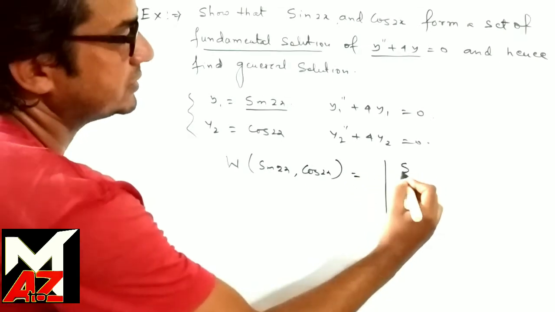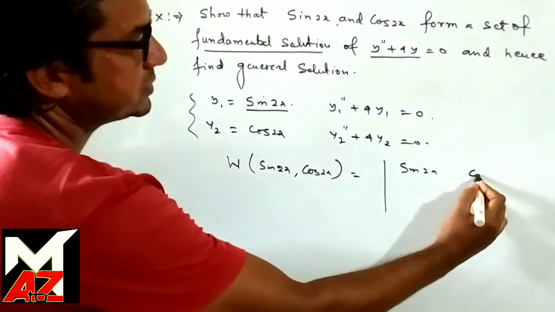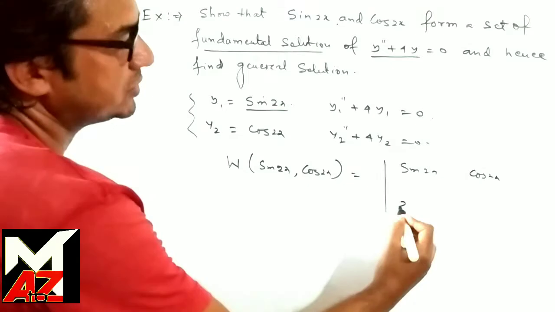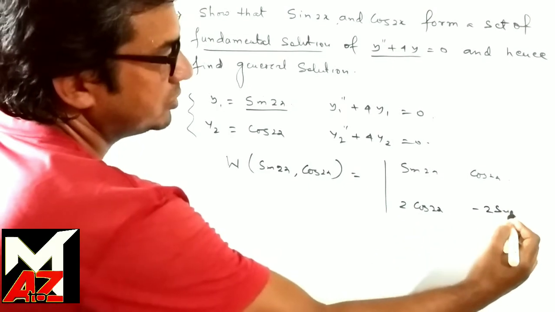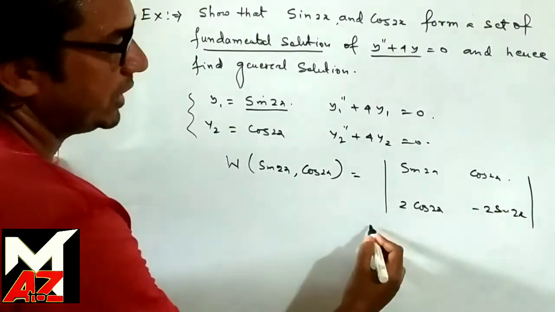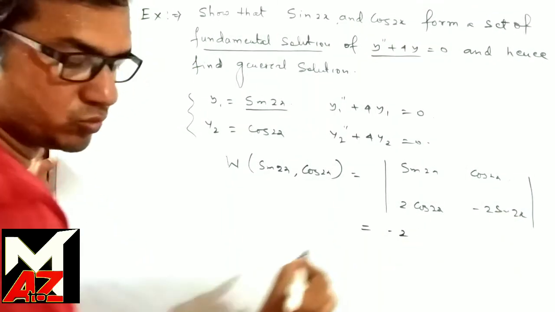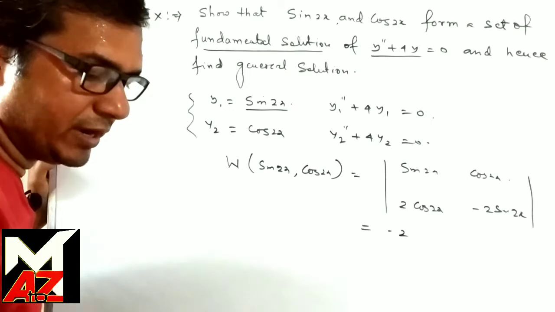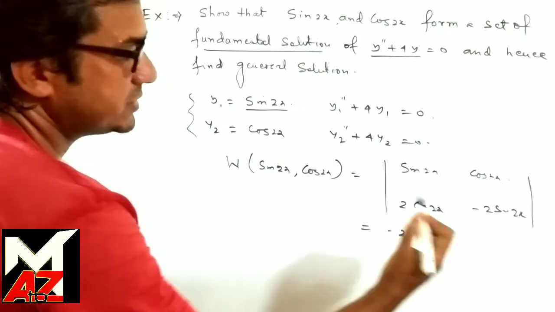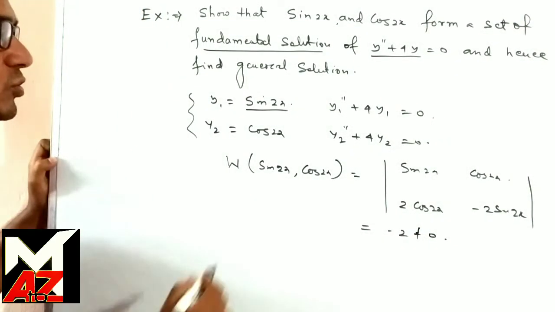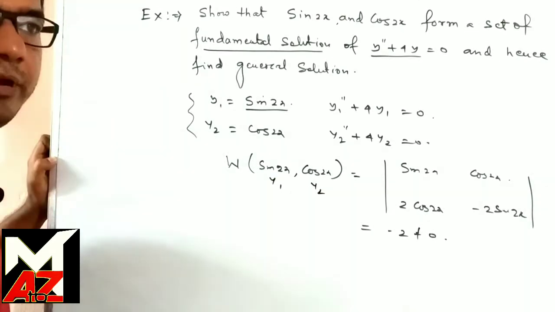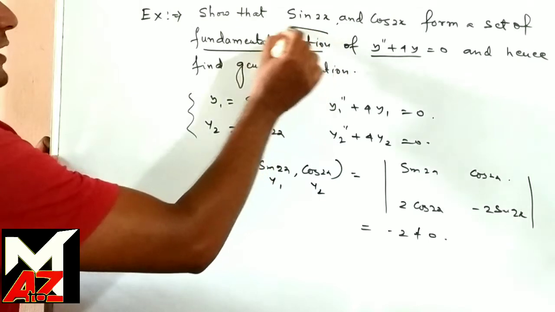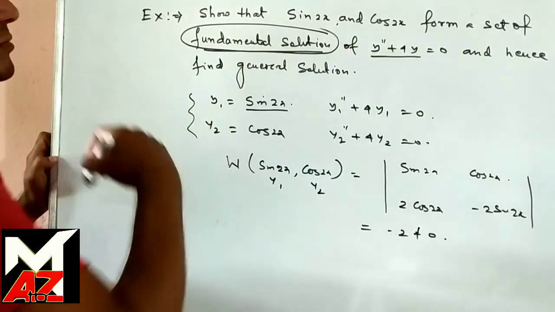This is sin 2x, cos 2x, 2 into cos 2x, minus 2 into sin 2x, and this is minus 2, and obviously this is not equal to 0. So y1 and y2 are linearly independent. So we prove that the solutions are fundamental solutions.